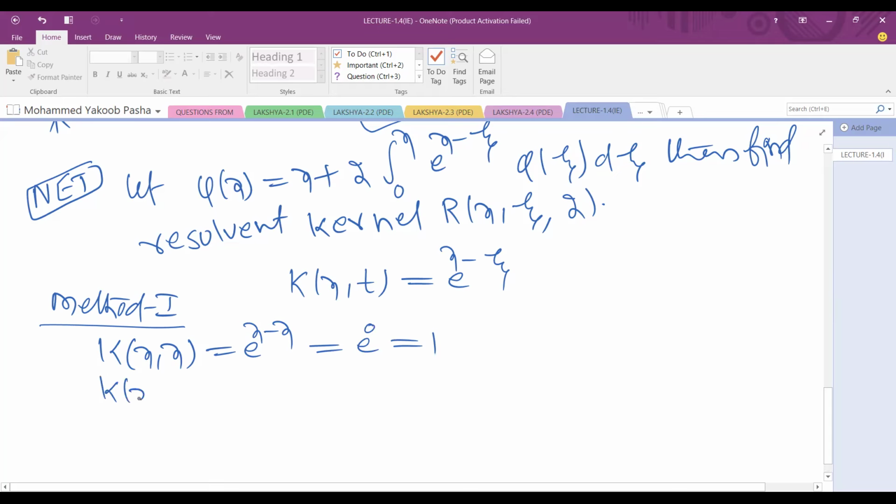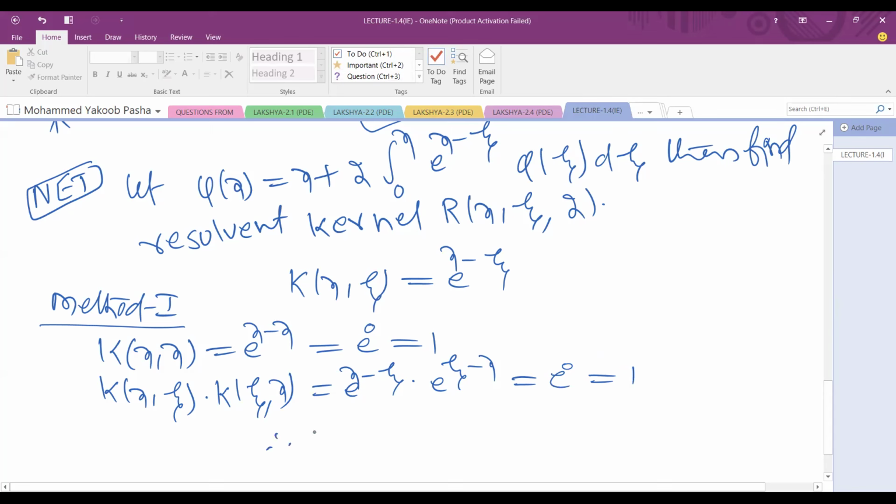Similarly, k of x comma z, here in place of t we are given z. k of x comma z into k of z comma x becomes e to the power of x minus z into e to the power of z minus x. Minus x plus x, minus z plus z will be cancelled out. That is e power 0, that is 1. So two conditions are satisfied.